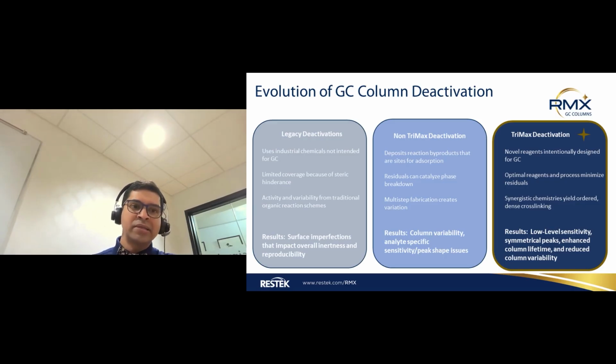If you look at legacy deactivation, they used industry chemicals that are not intended for GC purposes. Now, if those chemicals are not intended for GC, what happens is they might be slightly bigger in size, so there is a lot of steric hindrance. So they might not provide the optimal coverage of the surface. This results in surface imperfection and activity.